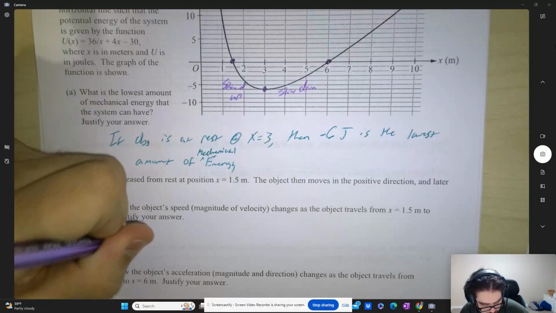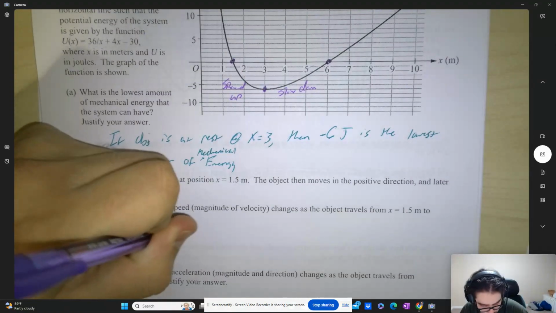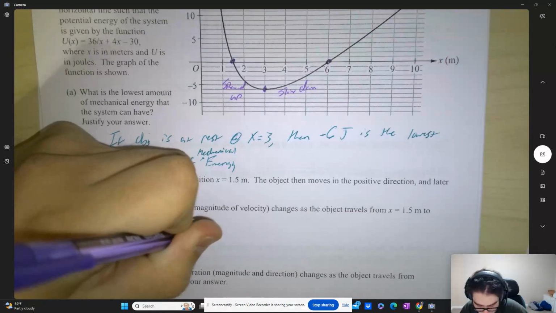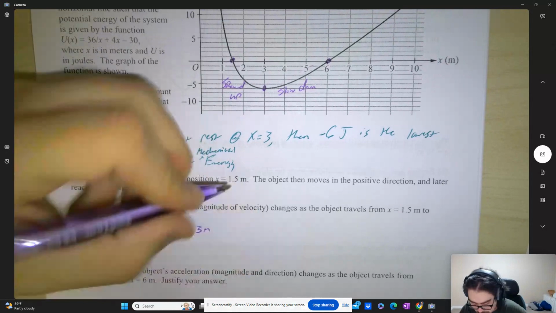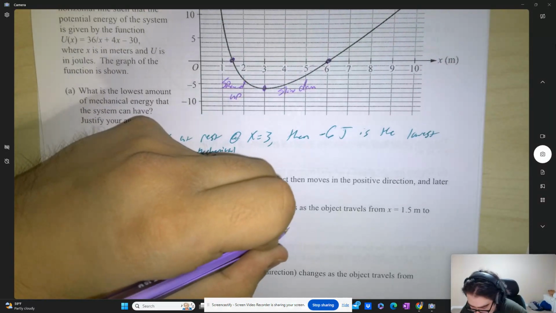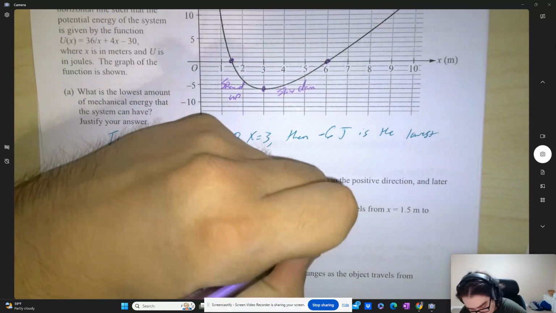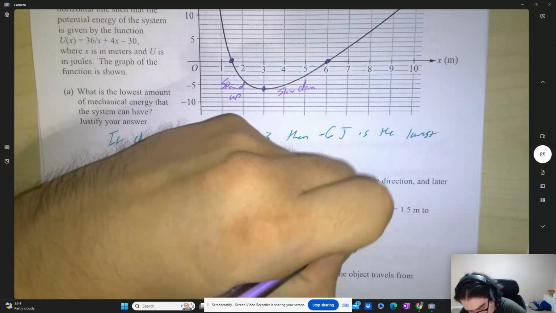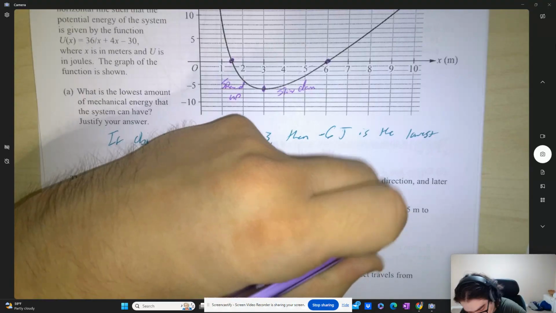So okay, from x equals 1.5 meters to x equals 3 meters, okay, speed increases because U of x decreases. Okay?